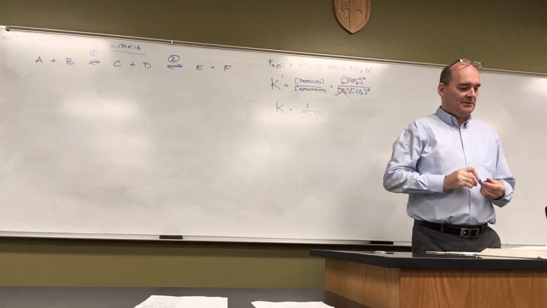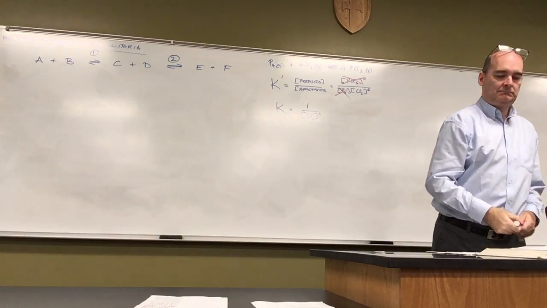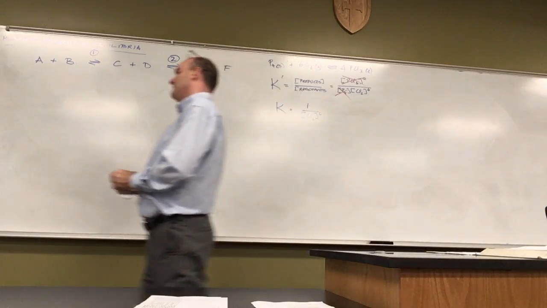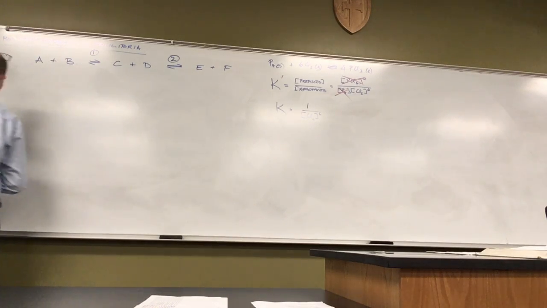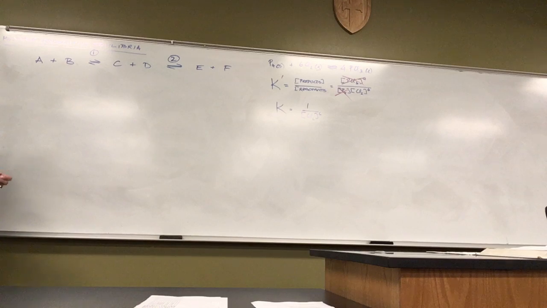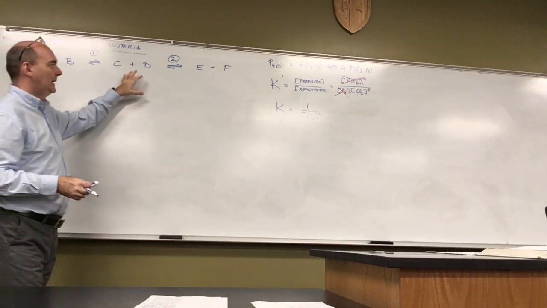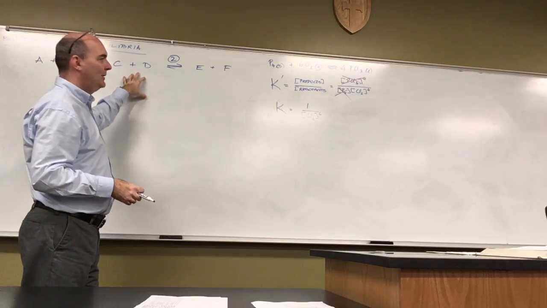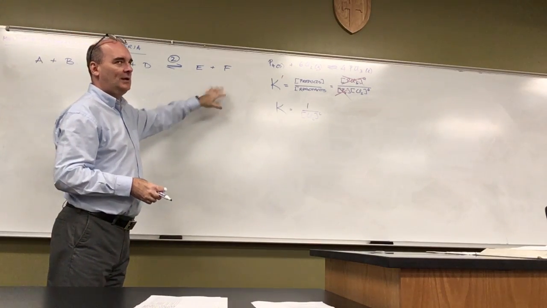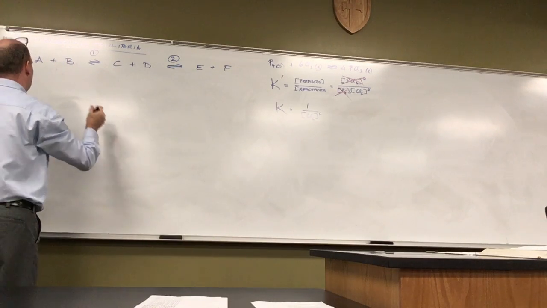Let's look at step 1, and then we'll look at step 2, and then we'll look at the overall and see how our symbolic representation of the first step and the second step, when you combine them, equals the overall.